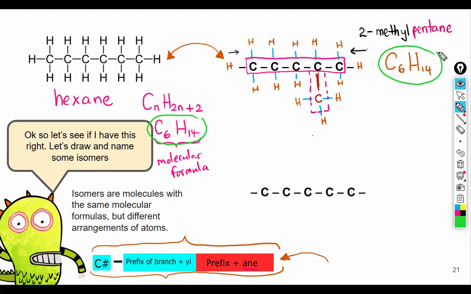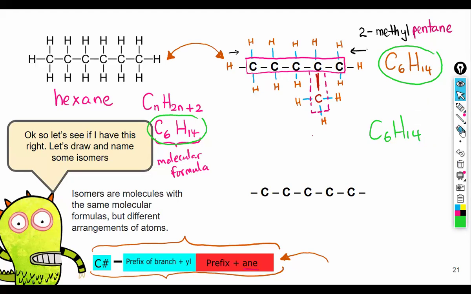So let me just say it this way. If I send you to the chemistry store and I say buy some C6H14, and that's all the information I give you, will you know which one to buy? Think about it. I tell you go buy C6H14. You don't know which one to buy. So you see the limitation of the molecular formula.